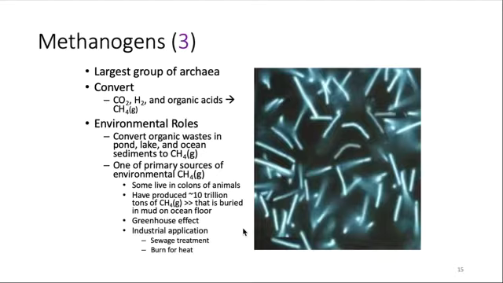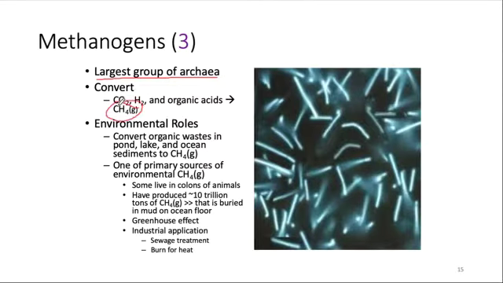Then you have the methanogens. The methanogens are the largest group of archaea. You will notice that there are certain characteristics that are coming through. What the methanogens do is convert carbon dioxide, hydrogen, and some organic acids into methane gas.